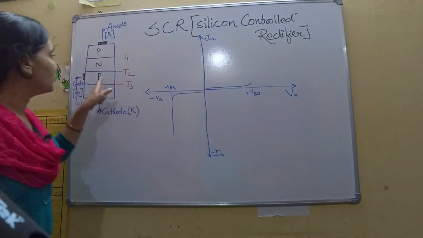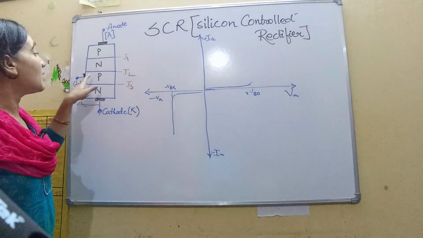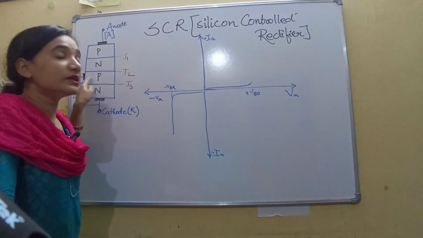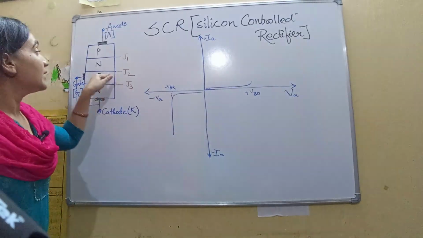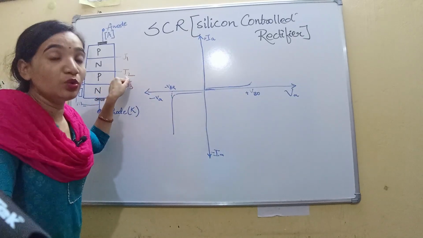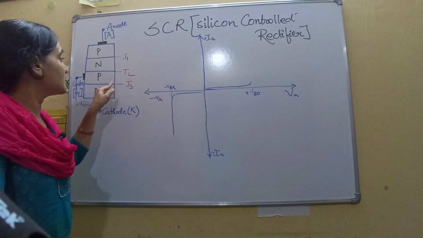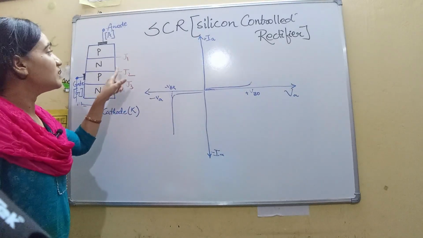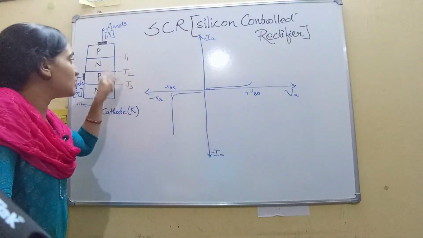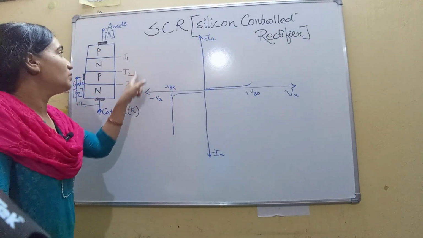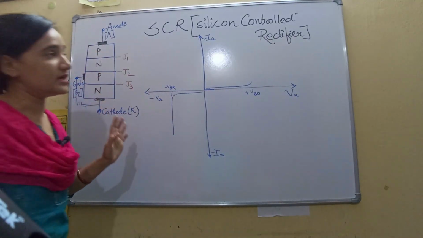In forward conduction mode, when we apply the positive pulse to the gate, breakdown occurs at junction J2. J1 and J3 are all in forward bias, and breakdown occurs in J2, and this leads to the conduction of current through the SCR.